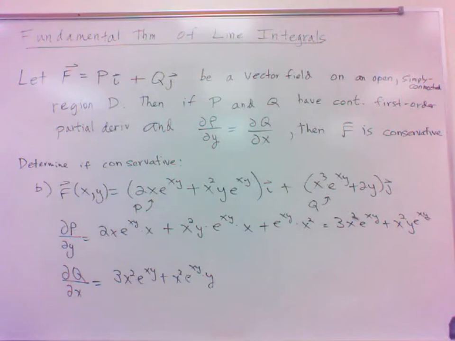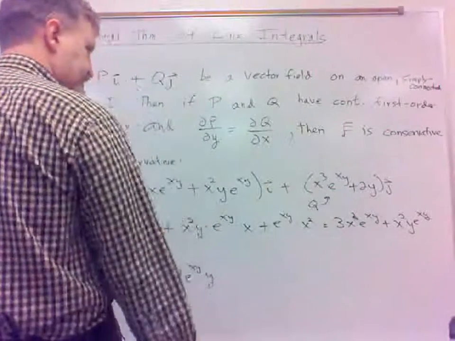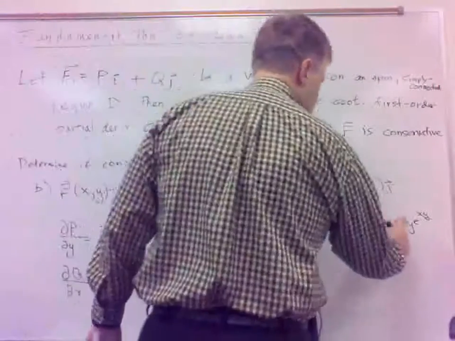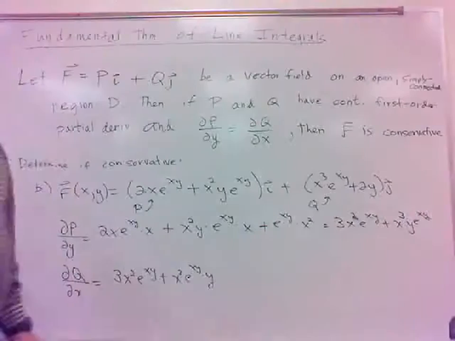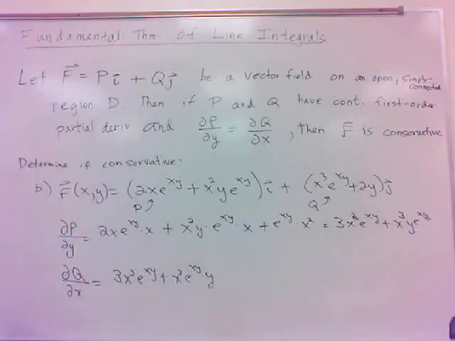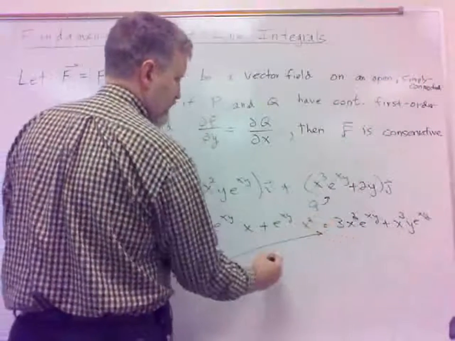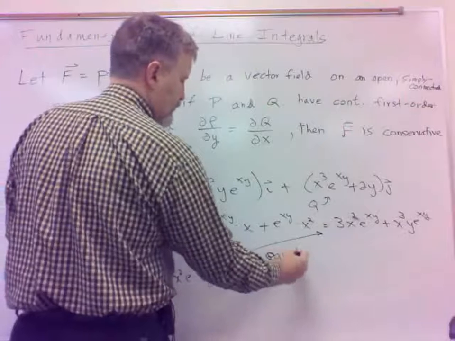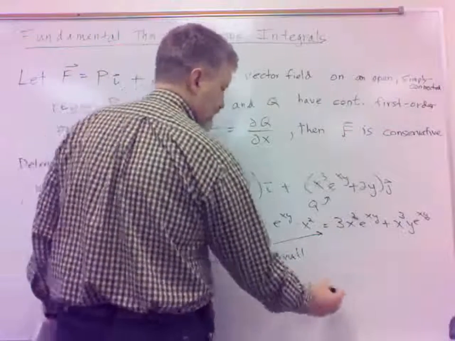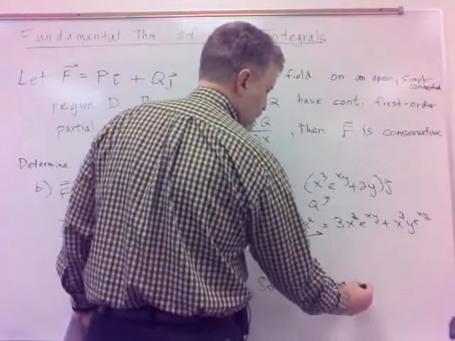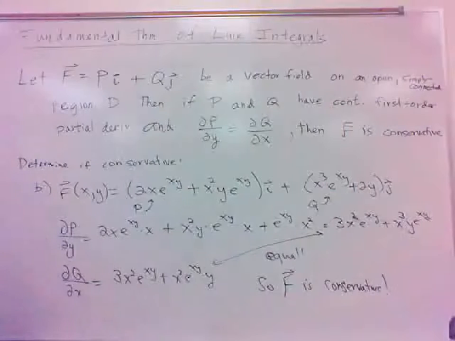And so, look at that. 3x squared e to the xy. Oh, this one is x cubed, sorry. So we got x squared times x there, so it's x cubed y e to the xy. So those two are equal. Exactly the same. So that tells me that is a conservative vector field. All right.